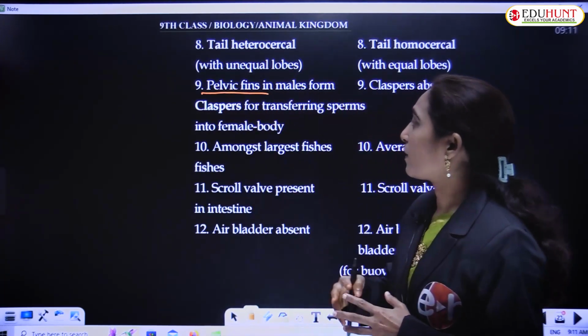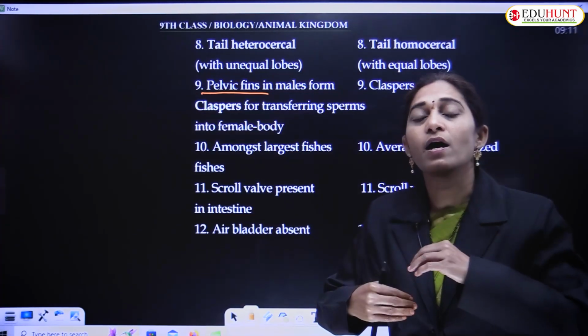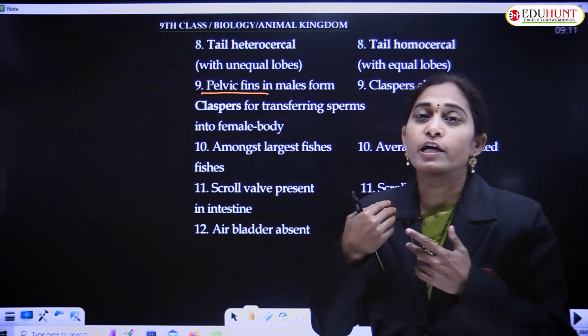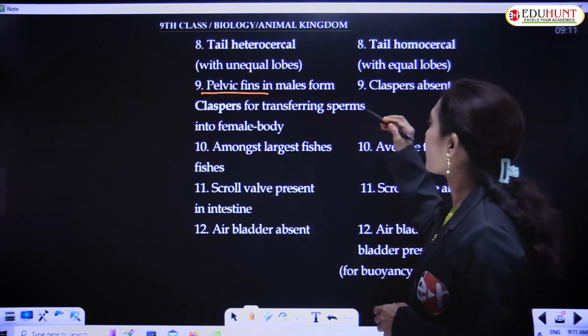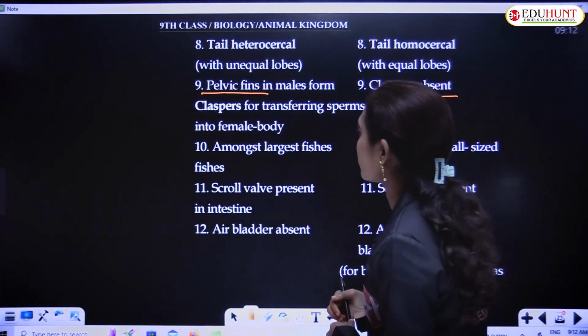Pelvic fins are modified into claspers and they help in transfer of male gametes, that is sperm, into the female body for fertilization. And claspers are absent in Osteichthyes, that is bony fish.